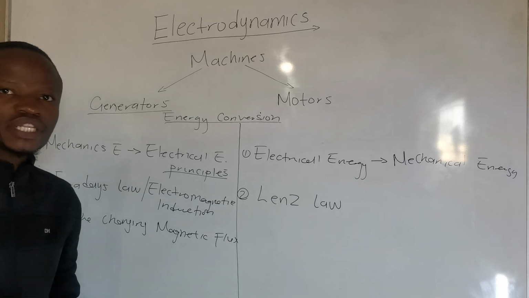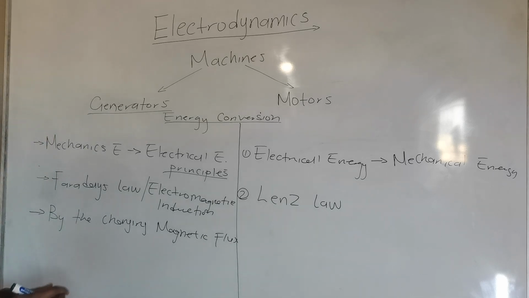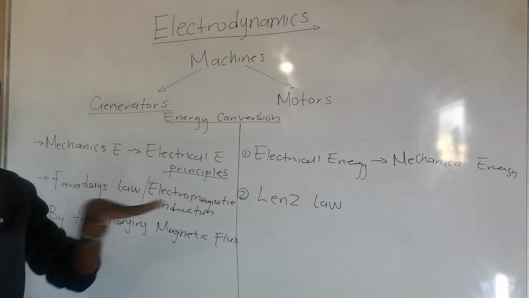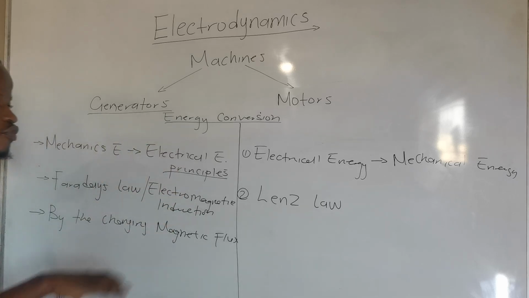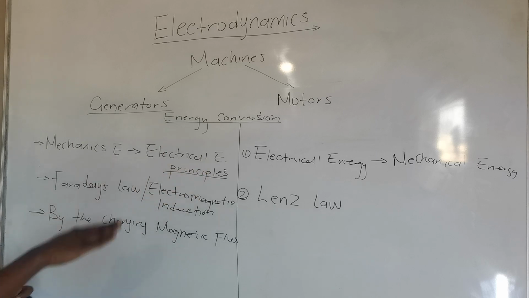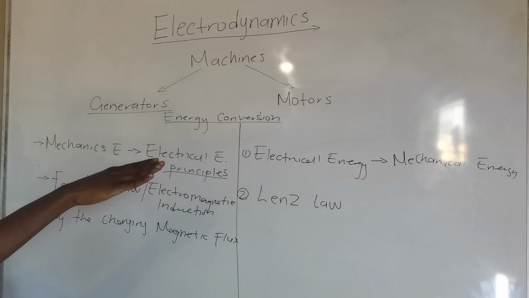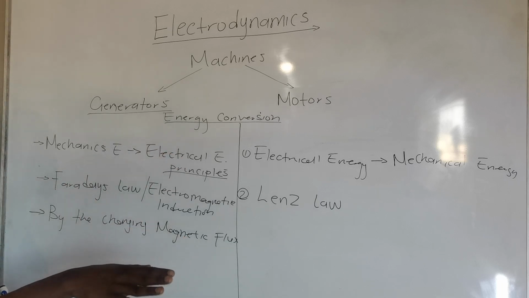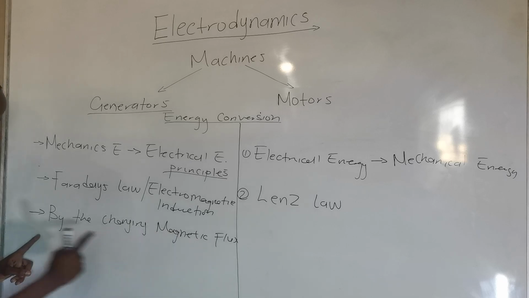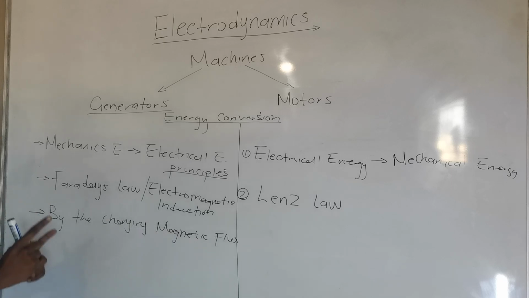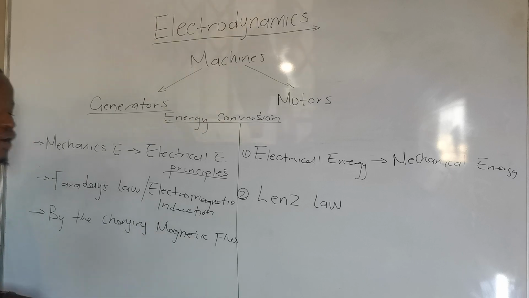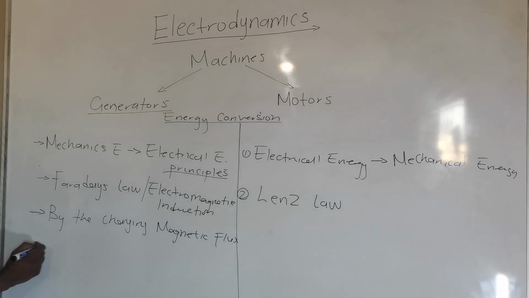We know that the magnetic flux is when you put an armature inside the magnetic field. When the armature rotates, the magnetic flux is going to be changing. So it is going to be changing, being the maximum, at the minimum, at all those things. But what we need to know here is that it produces electricity by the changing magnetic flux. So in that case, this is another important part that we need to know.